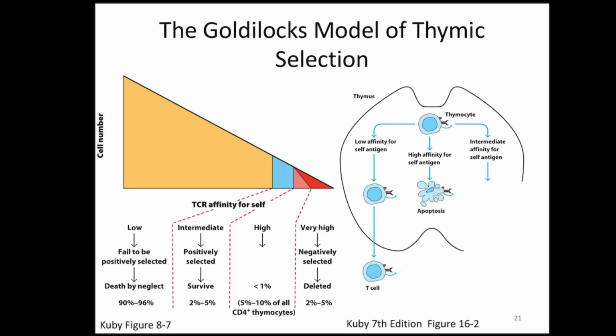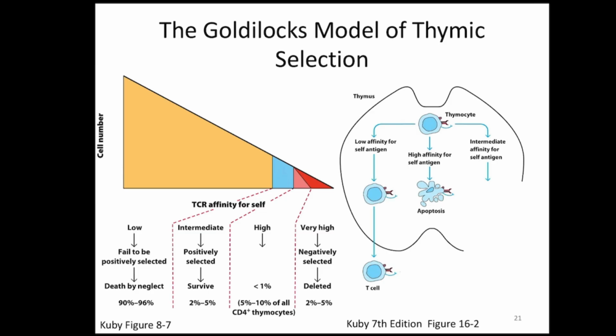And so you can see that it is a relatively small percentage of T cells that are the useful T cells that get the positive selection, get the good pat on the head, and get told that they can leave the thymus.